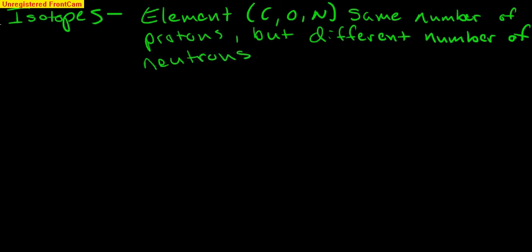When I said proton, you should start thinking positive charge, 1 atomic mass unit. When I said neutron, you should think no charge, 1 atomic mass unit.